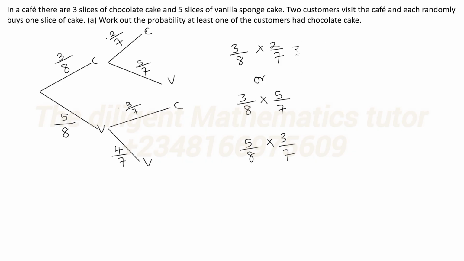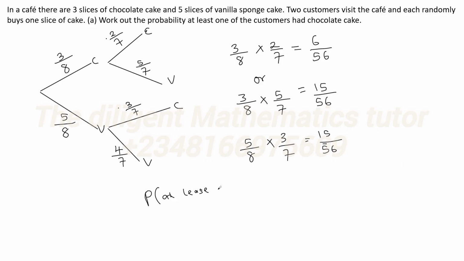So we move. 3 times 2, 6. 8 times 7, sorry, 56. 3 times 5, 15. 8 times 7, 56. 3 times 5, 15. 8 times 7, 56.